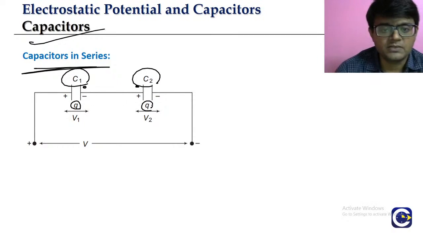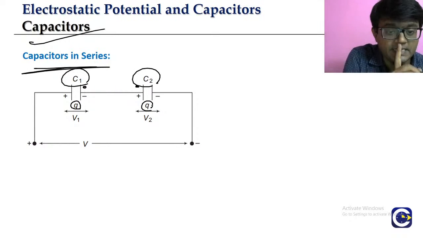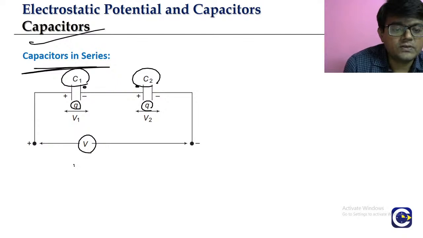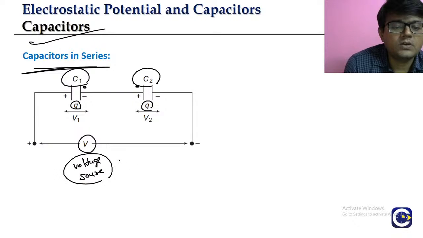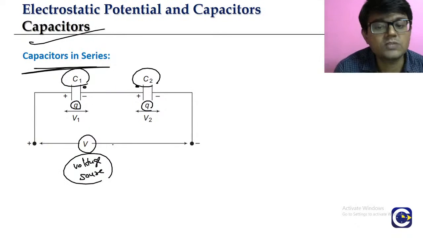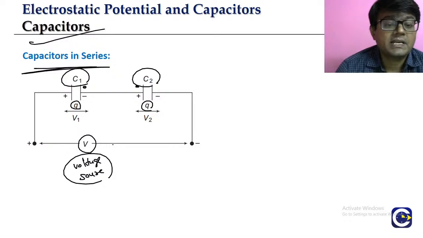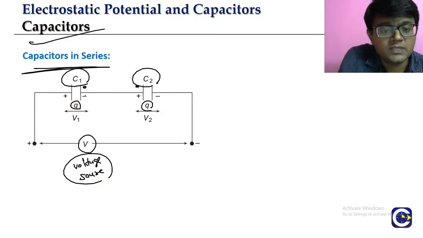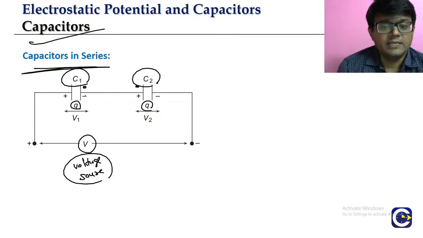Look at these two capacitors in series, connected to a voltage source V. Here the capacitors derive charge from the cell or the battery. So where is the charge on the capacitor plates coming from? From the battery or the cell.